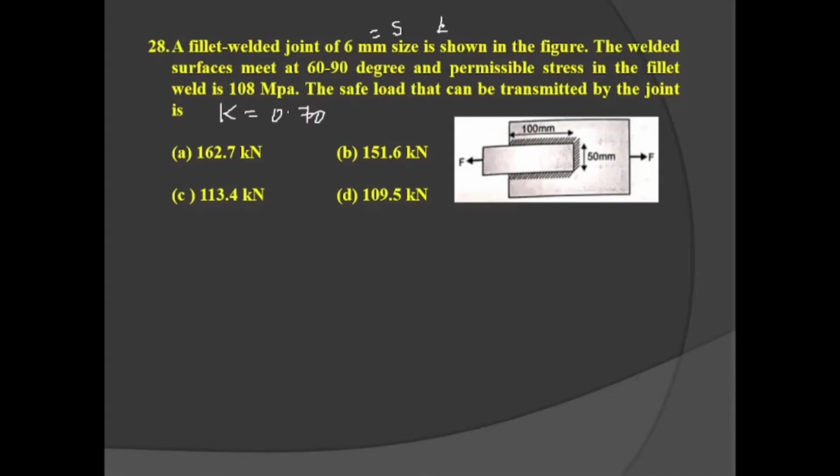So my dear students, effective throat thickness is equal to 6 into 0.7, that is 4.2 mm. Now length of weld is given as 100 plus 50 plus 100, that is 250 mm.